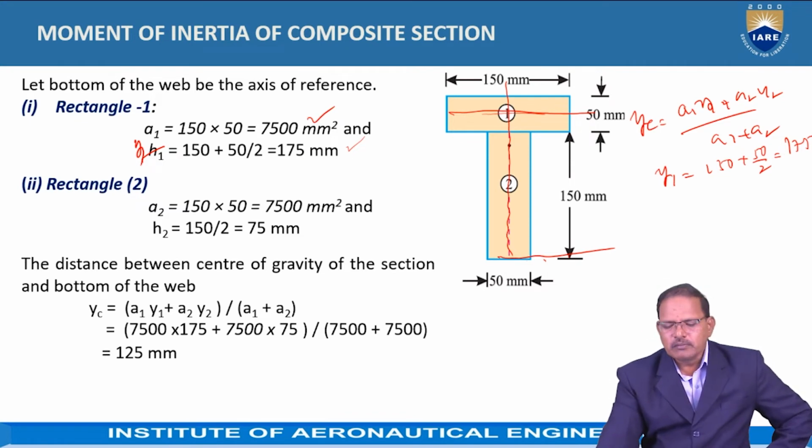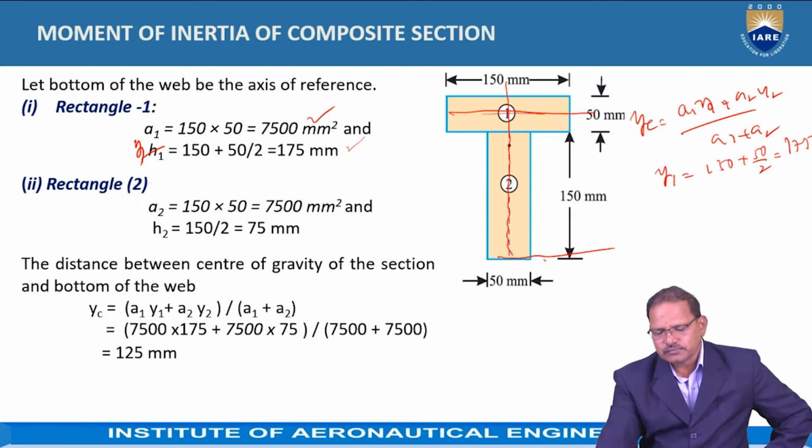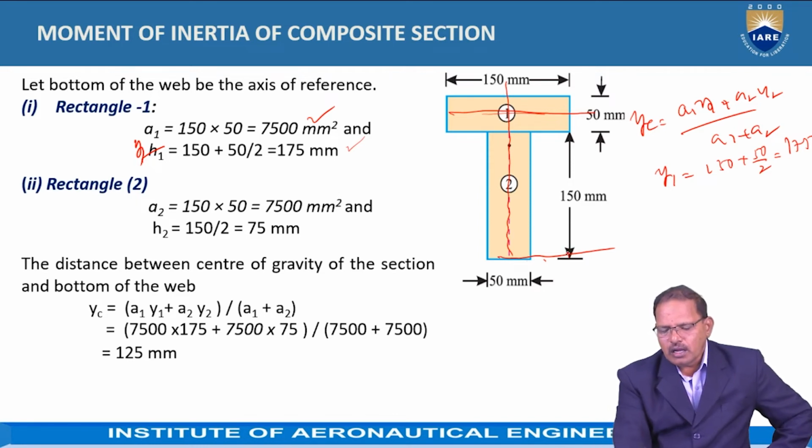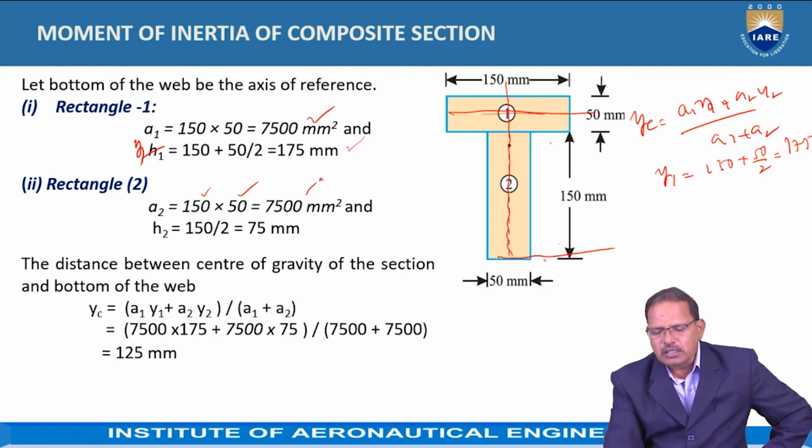Similarly, for area 2, the height is given as 150 mm and the width 50 mm. The area is equal to 150 by 50, which is 7500.